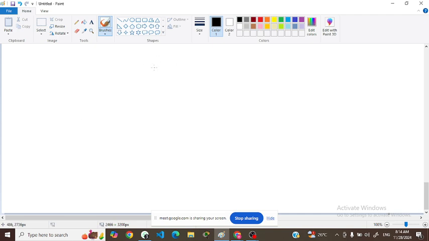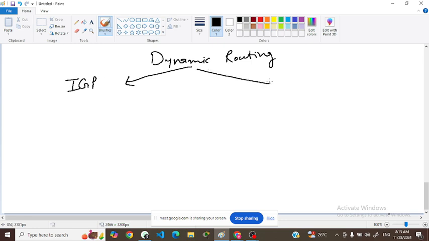So, dynamic routing. How many kinds of dynamic routing? There are two kinds of dynamic routing protocols. One is IGP and the second is EGP. There are four types of IGP protocols.